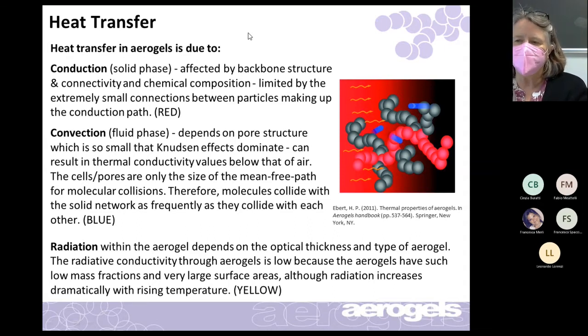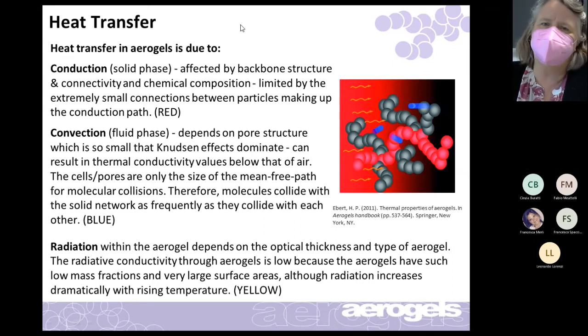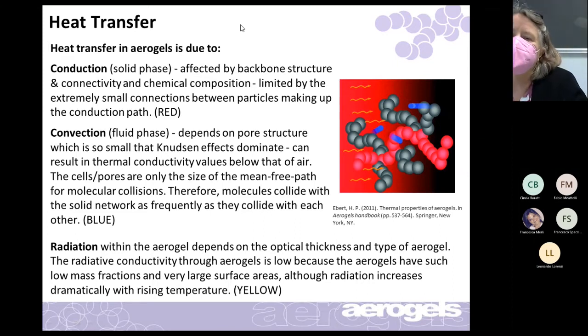And I'll talk a bit about how we measure the thermal properties of aerogels to see that. And I'll talk a bit about how you can make aerogels to minimize heat transfer or minimize the thermal conductivity. So there's 3 modes for heat transfer, and all 3 occur in an aerogel. Some are more prominent than others.